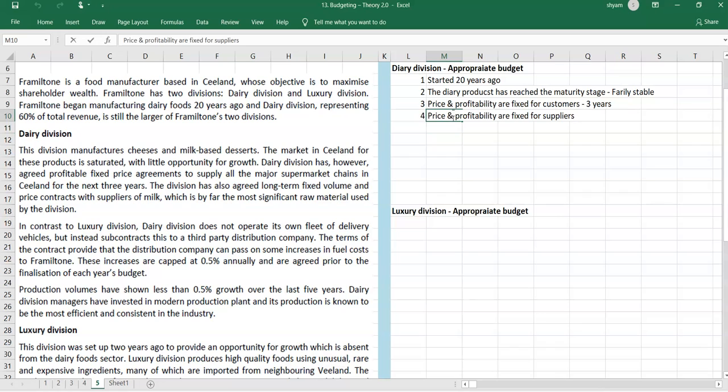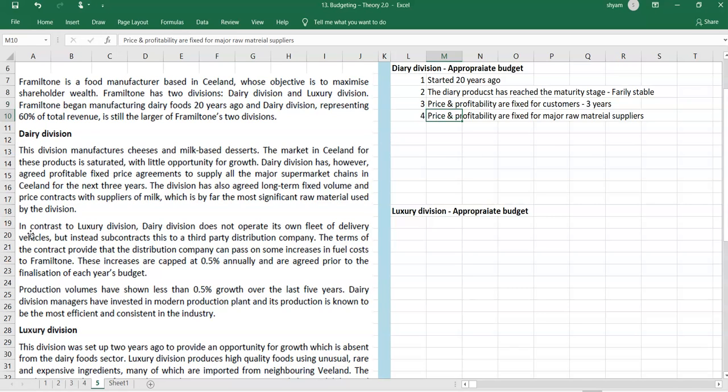Okay, so fixed for the major raw material. So their income is fixed and their costs are also relatively fixed.